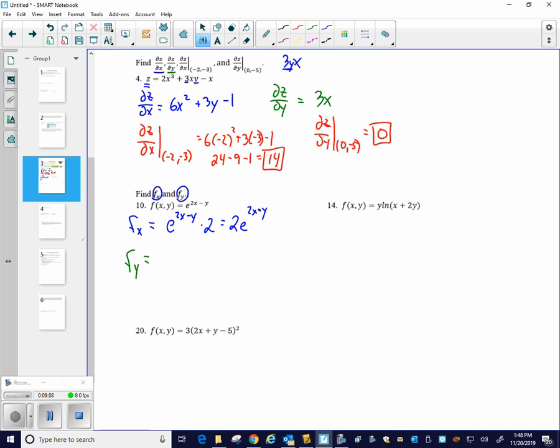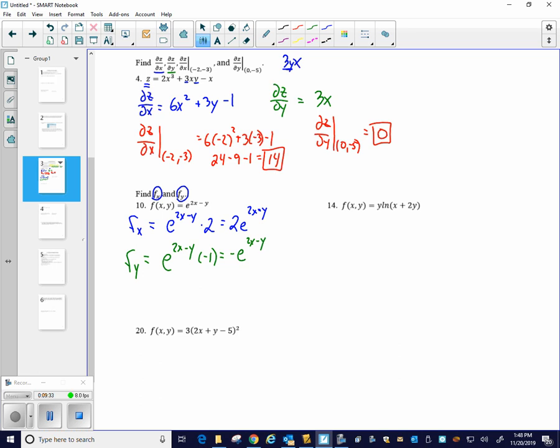So again, it's exponential. It's the same function we started with, so we rewrite it. But now the derivative of the exponent with respect to y, the 2x part doesn't matter, so that's 0. The derivative of the minus y part is minus 1. So we can rewrite that simply as minus e to the 2x minus y.